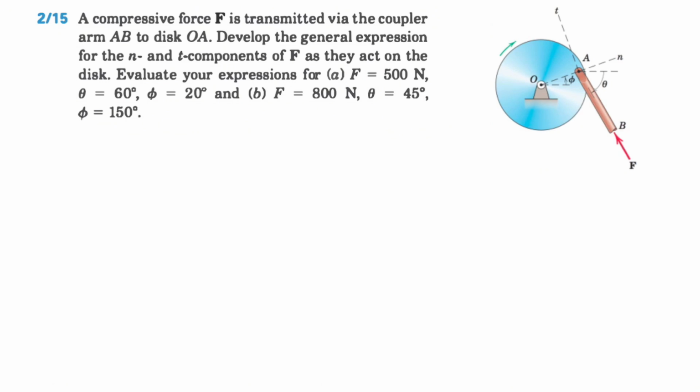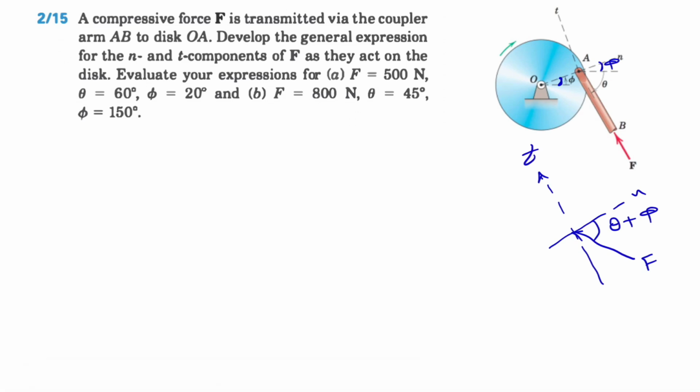So looking at this, we have the angle phi in here, which means this angle in here is also phi. That's going to show that if this is our N and this is our T, our F would be something like this, and the angle right here will be theta plus phi.